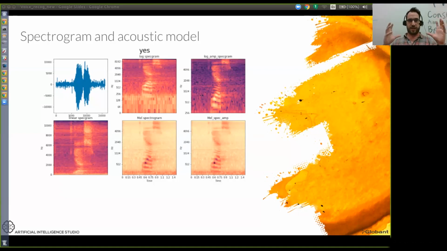So basically, you can have a graphical representation of sound. This is the word "yes", for example, and that word can be described in many ways and many scales. So it is a valuable input to our models.